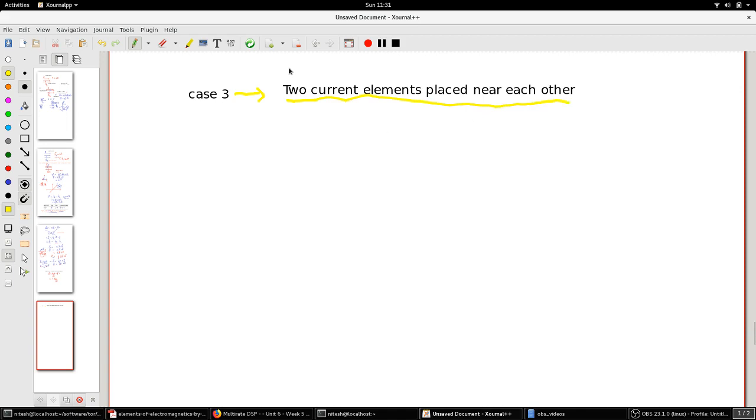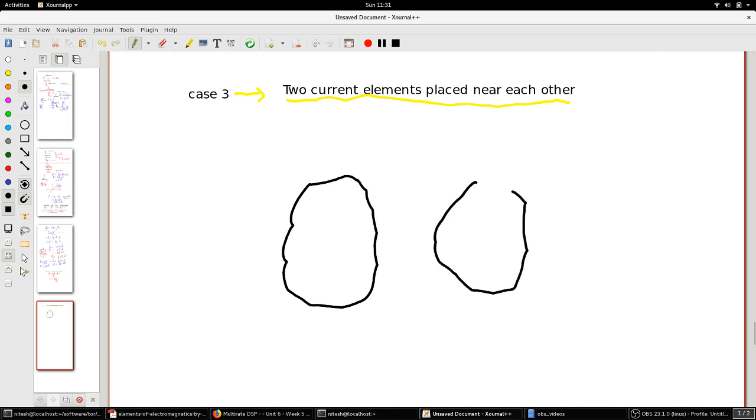So to have two current elements, we can first think of having two current loops. Let's just say that there is a current loop here and there is a current loop here. Okay, so they are close to each other.